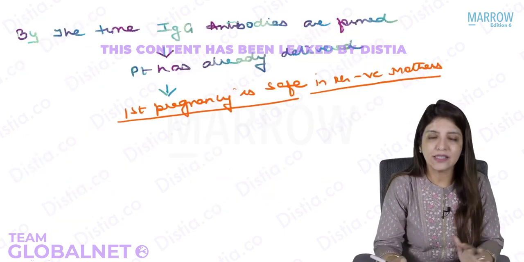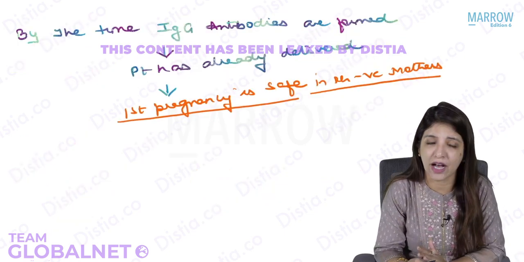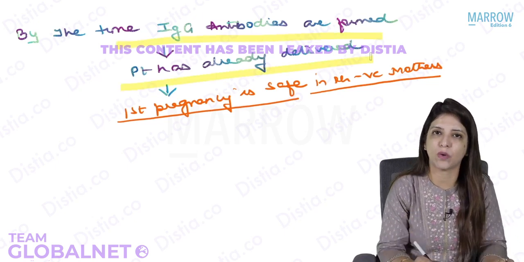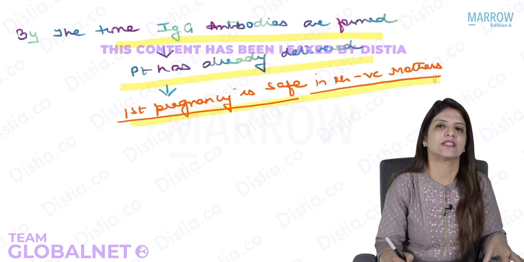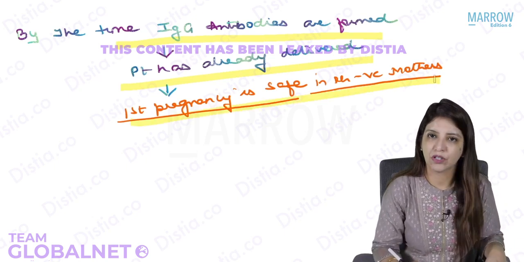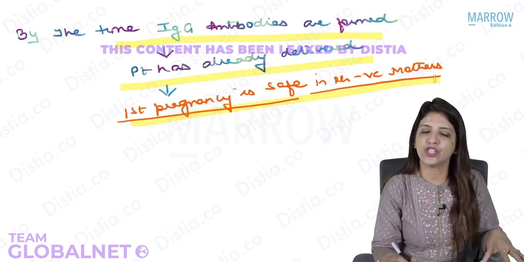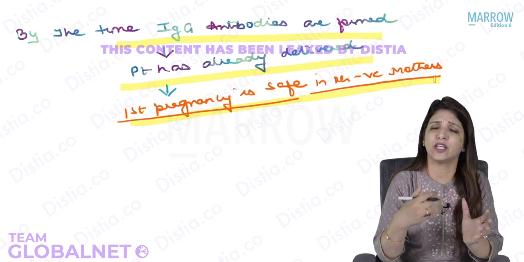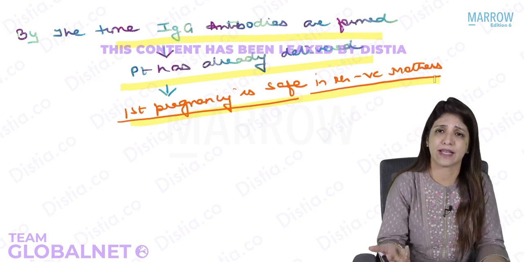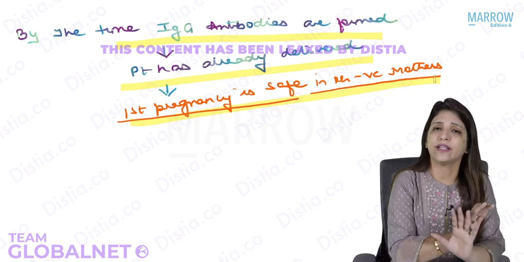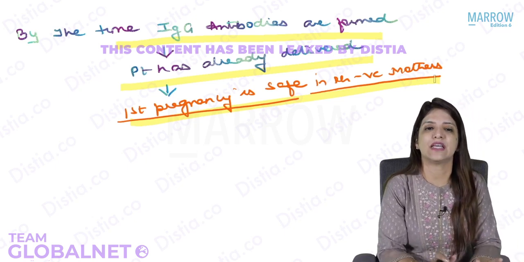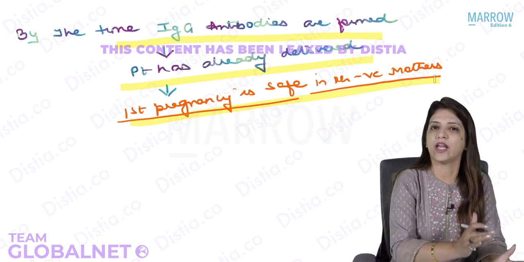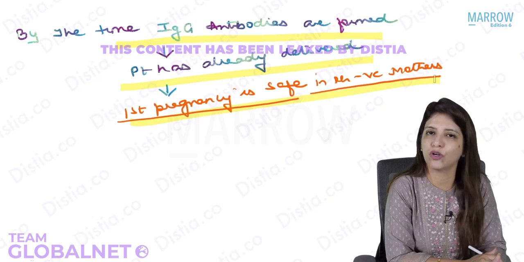By the time IgG antibodies are formed, the patient has already delivered, and that is why the first pregnancy is safe in Rh negative mothers. The IgG antibodies are formed later. By that time, most of the time, the delivery has happened, and once delivery has happened, the baby is safe. So that is why the first pregnancy is unaffected in Rh negative mothers. Clear to all of you till here?